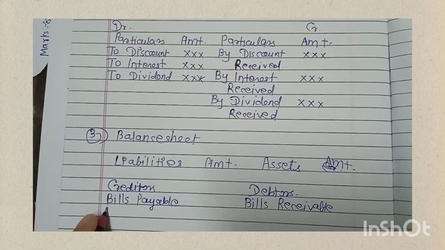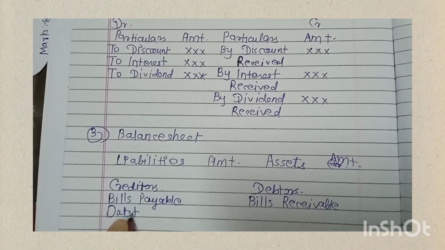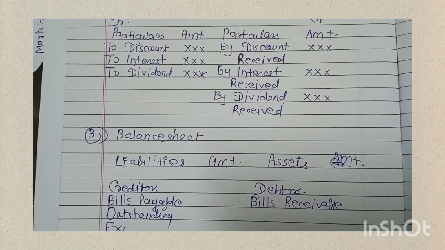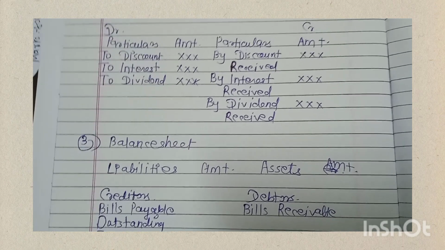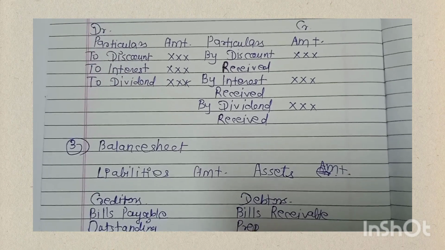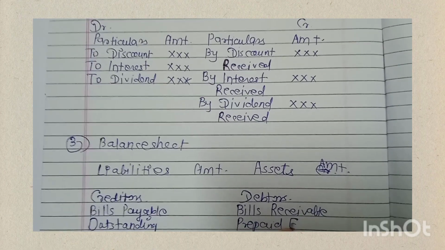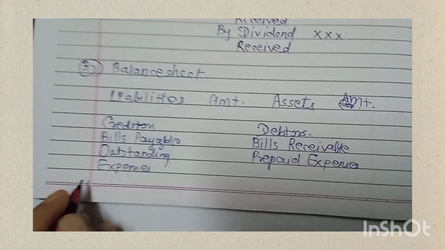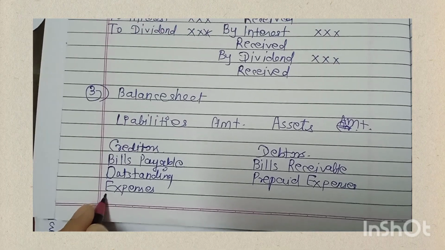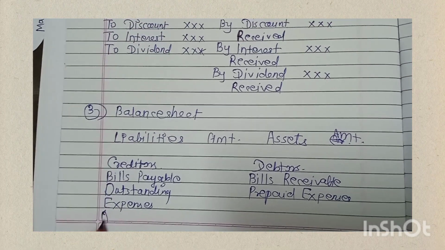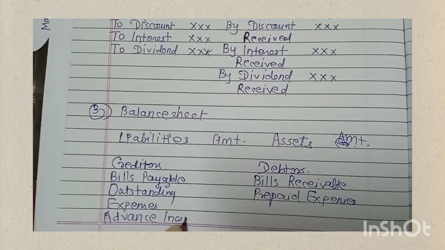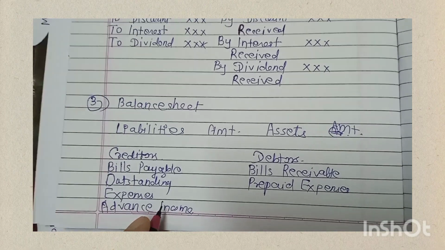On the liability side we write outstanding expenses. On the asset side we write prepaid expenses, because we already prepaid our expenses. On the liability side we write advance income, which we will earn in our next year.